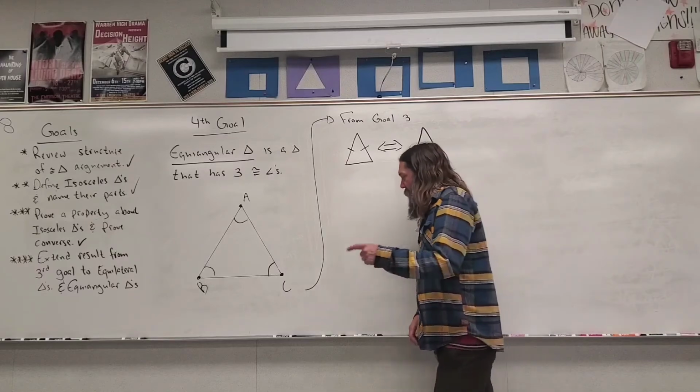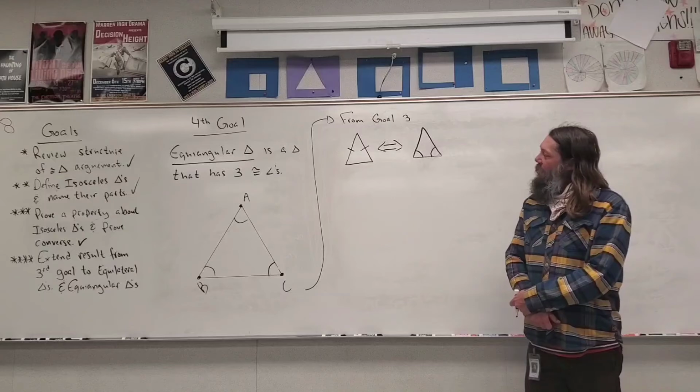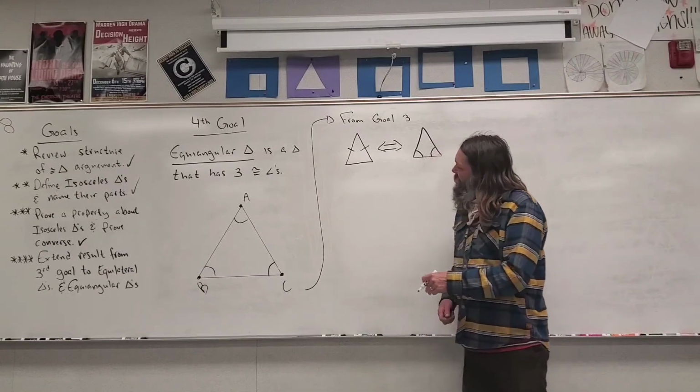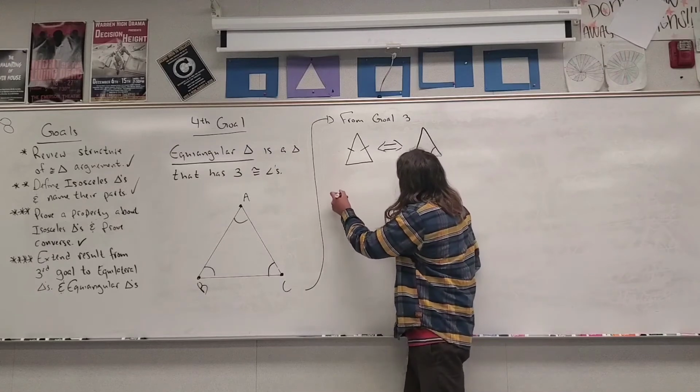It must be isosceles. All right, so if we cover up the congruent mark on our angle A, that means that side BA must be congruent to side CA. I'll write that out.